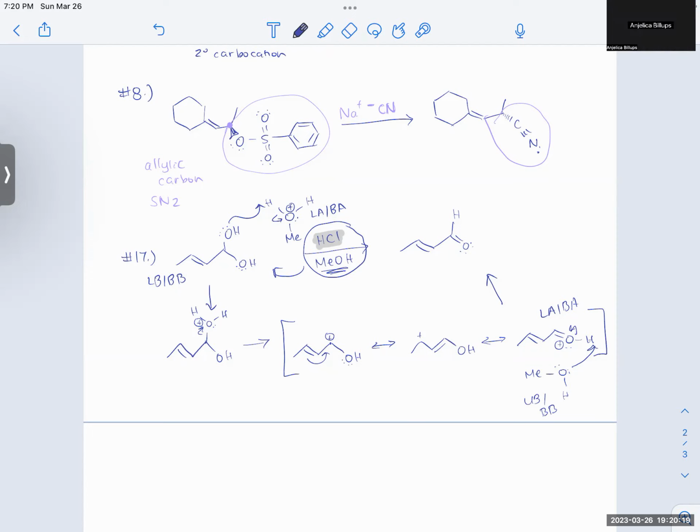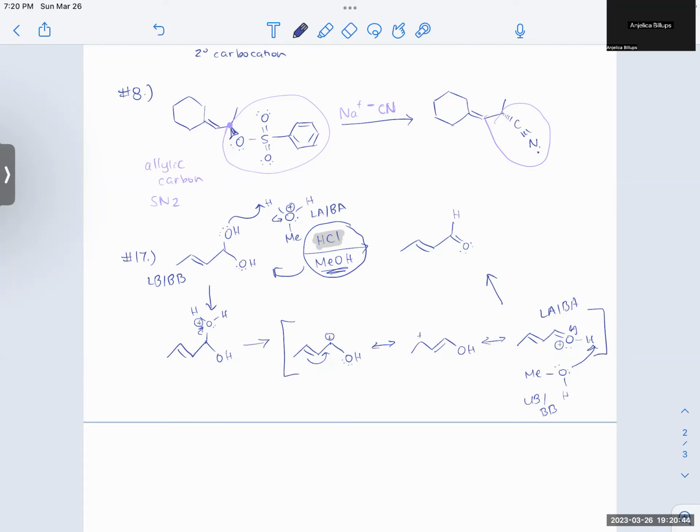Kristen, is it also because it's not labeled like 1 and 2, so we just assume it's all mixed together? Yes, that's also why. I had the same question, why is it not pulling from the HCl? So that's all one step. They're both in the same solution. It's not like putting HCl first and then adding methanol. It's all together. Okay, cool. Thanks.